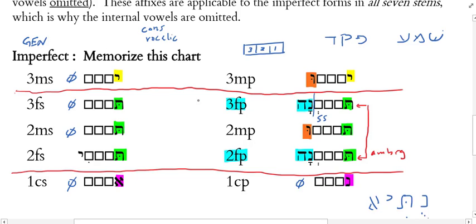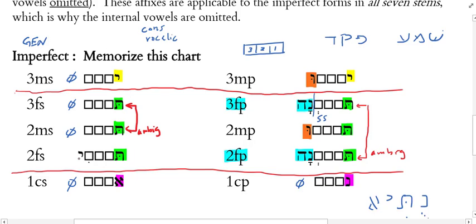Okay? And by the way, the vowel points that we're going to see are identical. So these two forms on the singular side are ambiguous as well. And you're going to need to look and see, is there an overt subject? Is it masculine? Is it feminine? Is it a you, or is it a she?